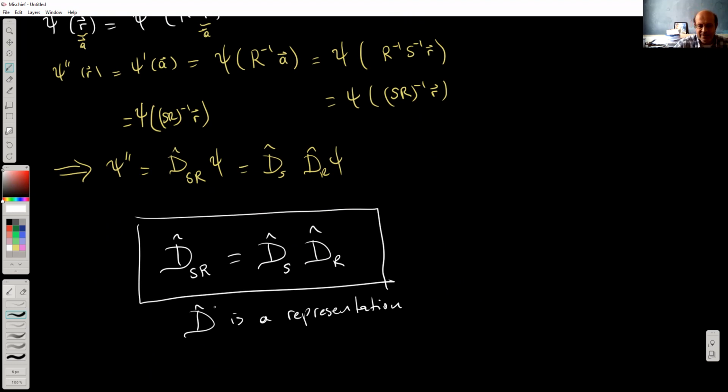Yeah, we are calling them homomorphism. All right, so it's not homeomorphism, it is something different. So we have some kind of group operation, and on this operator side, these rotation operators also follow the same multiplication table. So therefore, this is a representation. It's a unitary representation, therefore.